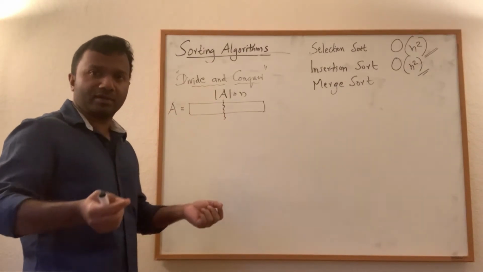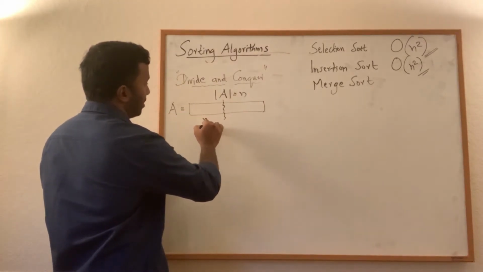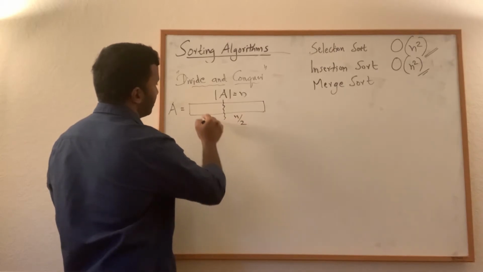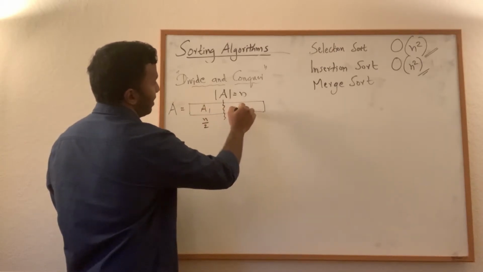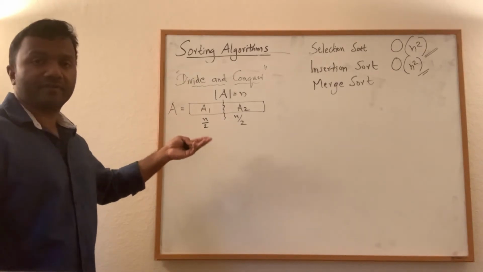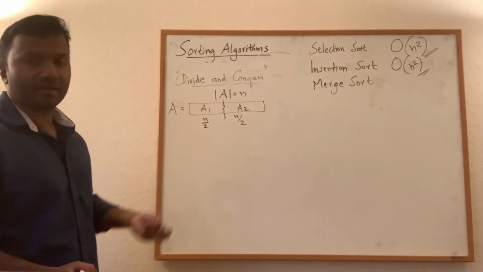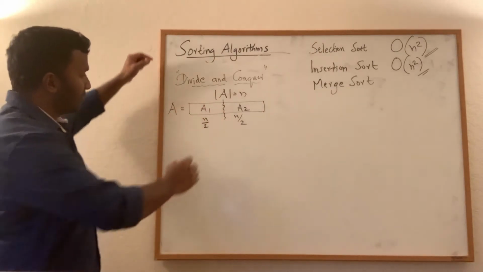If possible, both are of the same size, like n over 2 and n over 2. And we call this part A1 and this part A2. Right? If n is an odd number, then you will have one extra element in one of these sides.